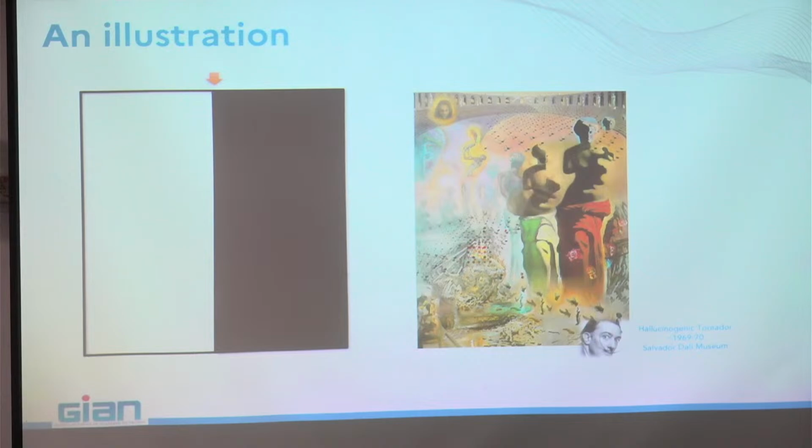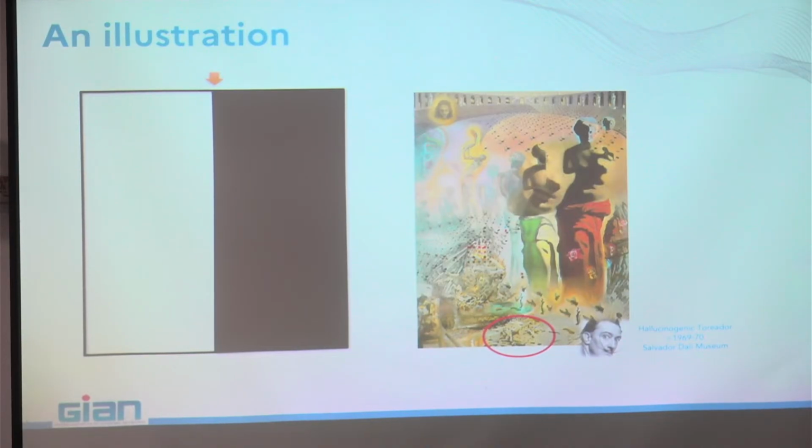And people say that was his wife, or I don't know who, I don't care. But I don't show you this painting for that. I will show you because Dali mastered this idea very well. And there is something here.